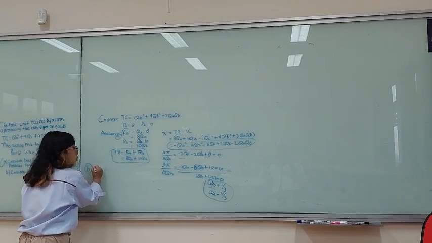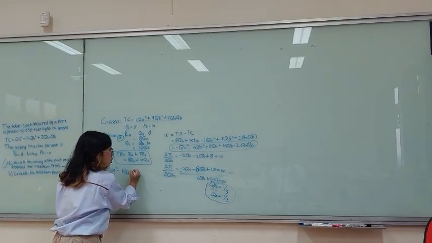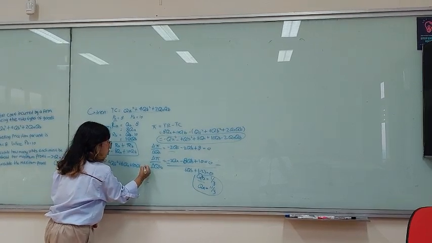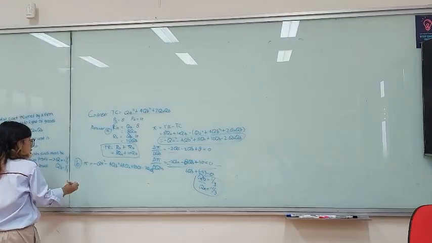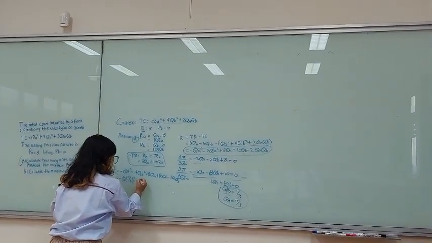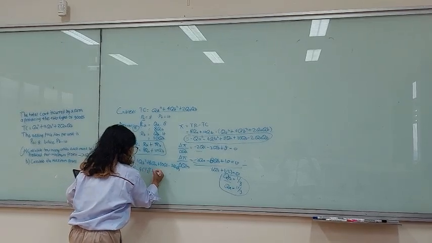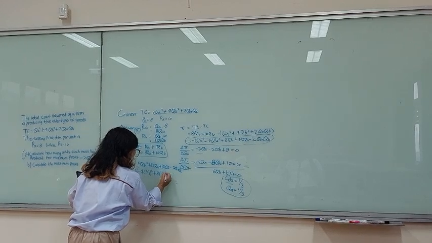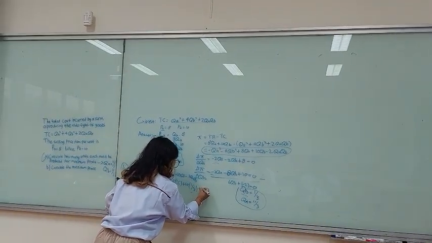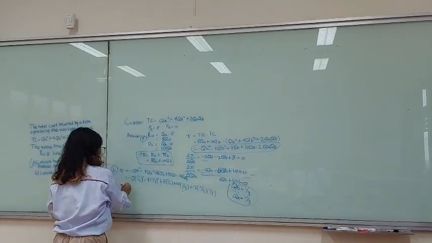So E equals minus QA squared minus 4QB squared plus 8QA plus 10QB minus 2QA QB minus Q... plus 8 times 11 over 3, plus 10 times 1 over 3.